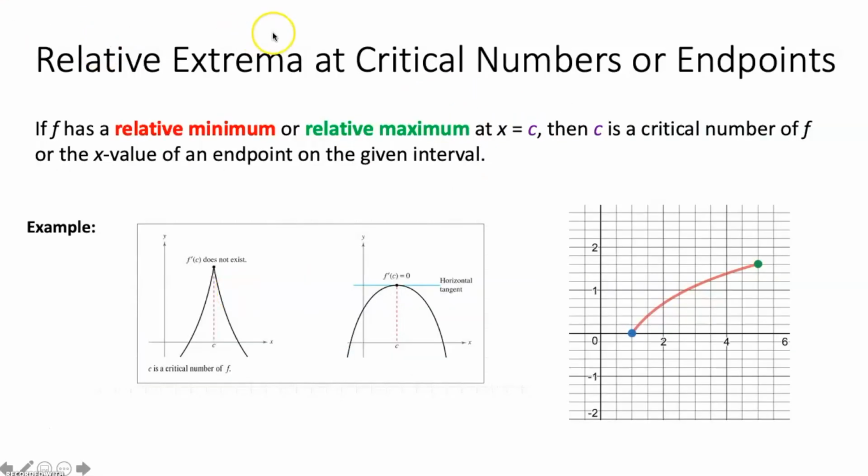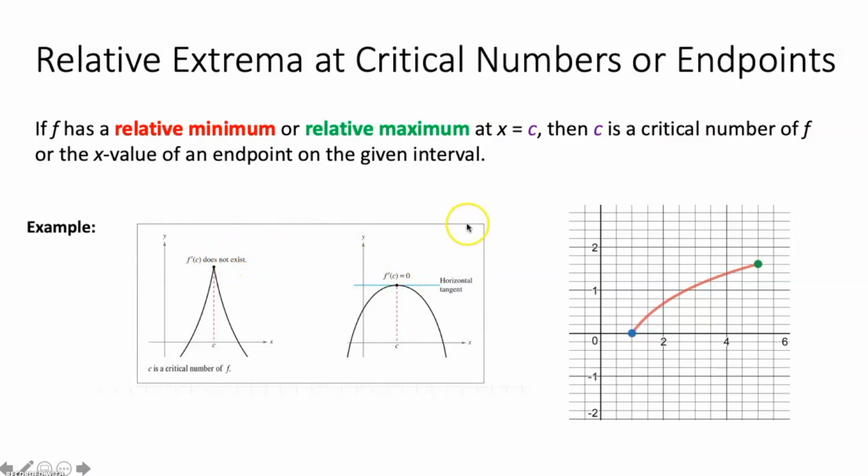Now let's talk about relative extrema at critical numbers or endpoints. So this says if f has a relative minimum or relative maximum at x equals c, then c is a critical number of f or the x value of an endpoint on the given interval. So all this is saying is that if your function has a relative minimum or a relative maximum at a particular x value, c, that x value must be a critical number, meaning that the derivative of your function at that given x value is equal to 0 or does not exist.